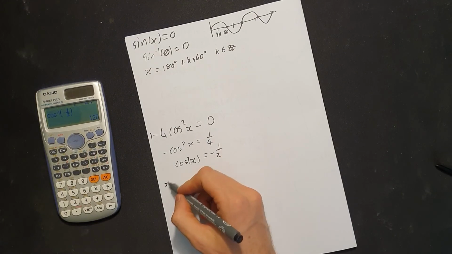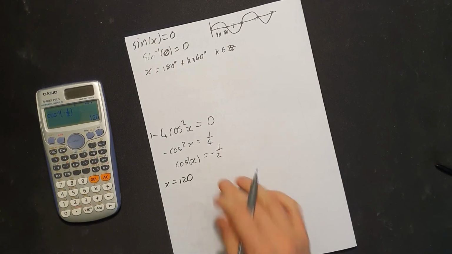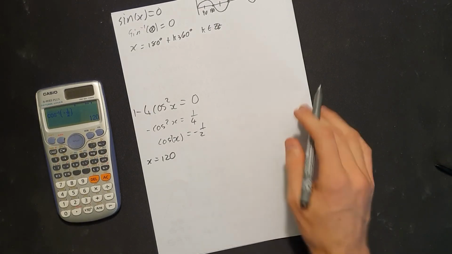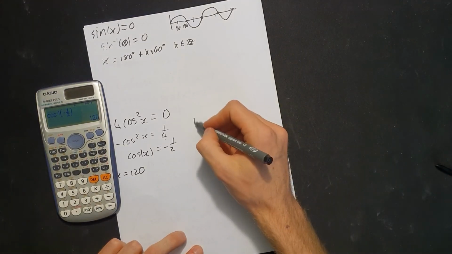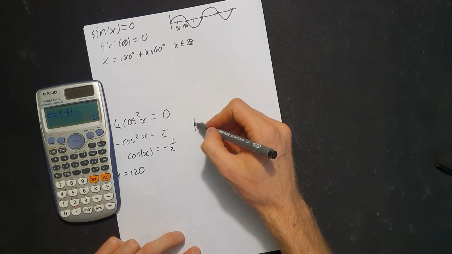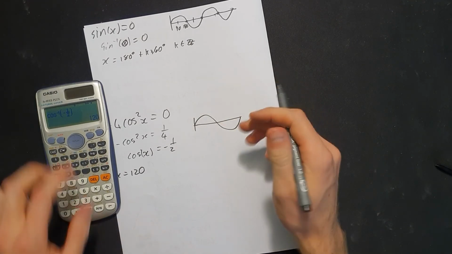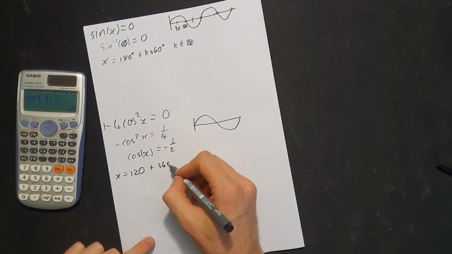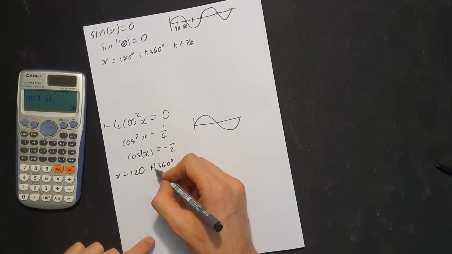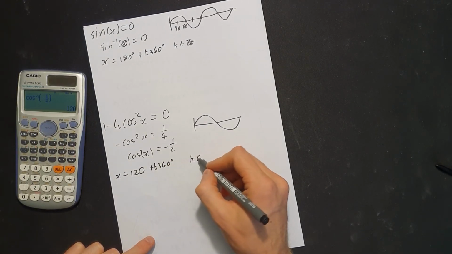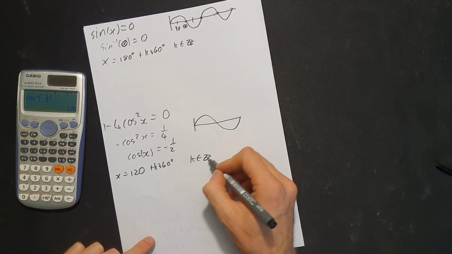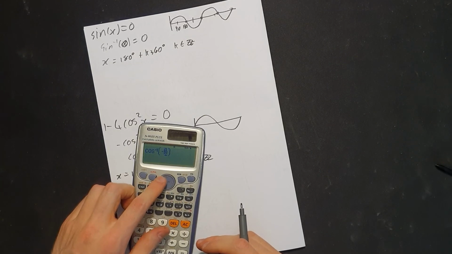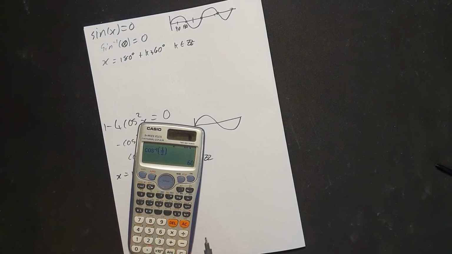So x equals 120, but we want the general solution, so we know that the cos graph is going to have a repetition every 360 degrees in this case, so therefore it's plus 360 degrees times k, where k is an element of integers.